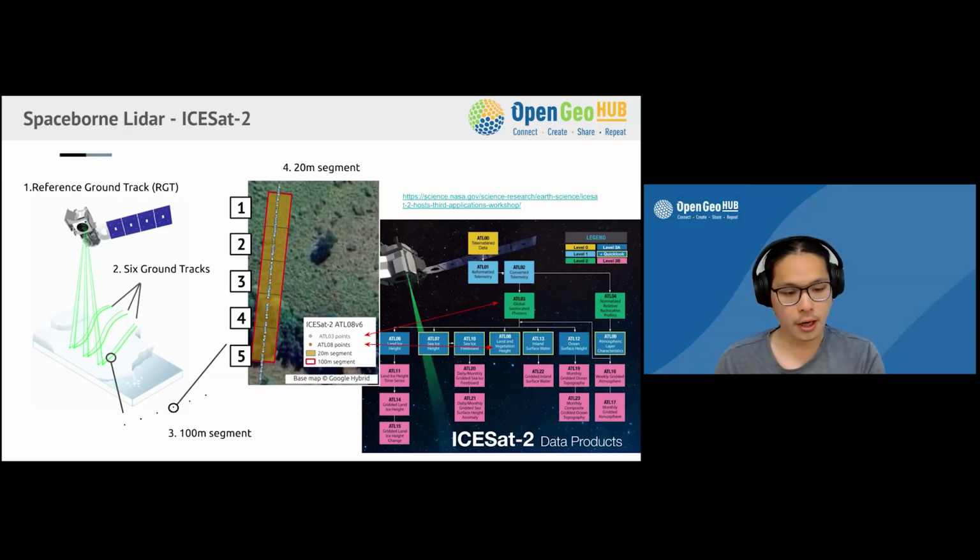In each track, you have 100-meter segments, and in each 100-meter segment you have 5 20-meter segments. The middle side is an example. The blue points are at the photon level, and the brown points are the actual estimates of land and vegetation metrics from the ATL08 product that ICESat-2 produced. ATL08 is processed from ATL03, which uses the photon information to aggregate into measurements of canopy and terrain height.